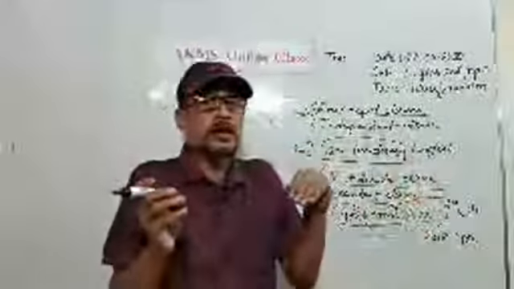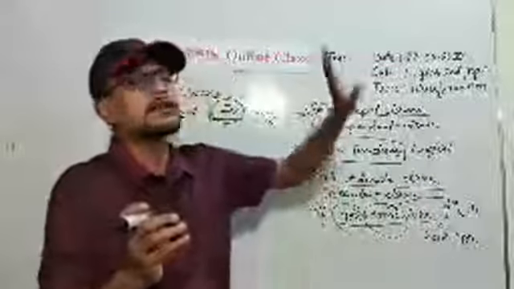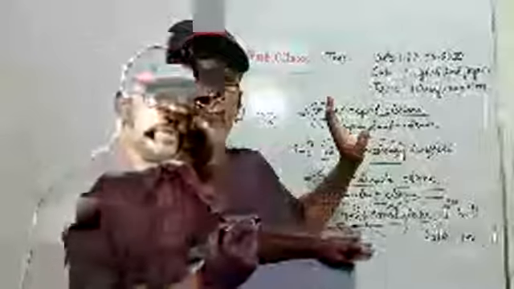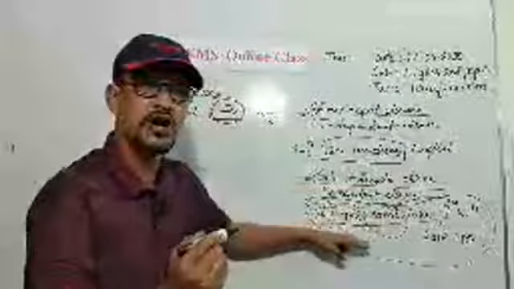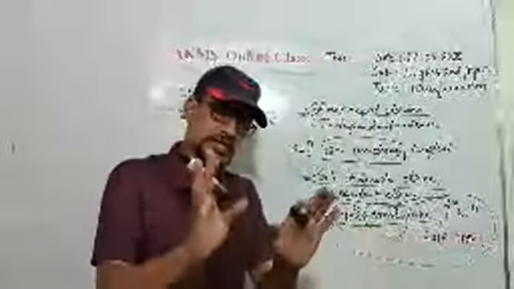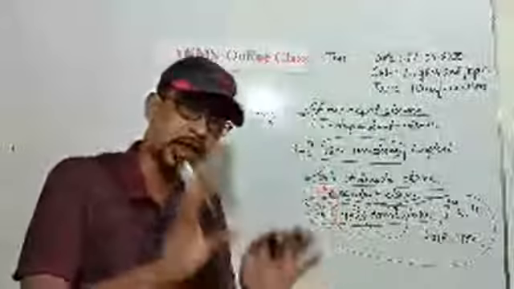A dependent clause cannot carry the load, so it is not a simple sentence. It is not a principal clause. It is a subordinate clause. Just follow what is principal and what is subordinate.